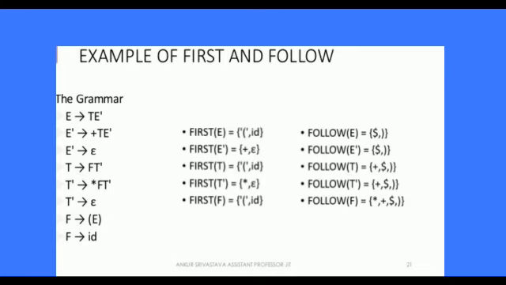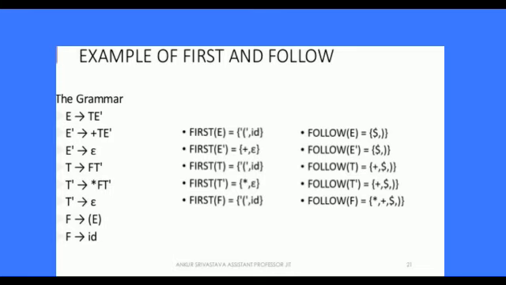And coming to the first of capital E. If you observe the problem grammar, capital E tends to capital T and E dash. First of E is T. Again go for capital T, that is F, because the first line has capital E tends to capital T capital E dash.